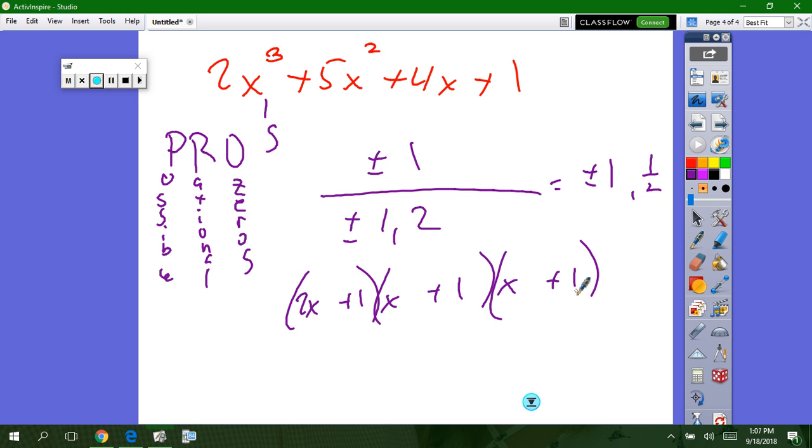Notice though, when I solve this, right here, what's the value? -1 divided by 1. Factor of my constant divided by a factor of my leading coefficient.